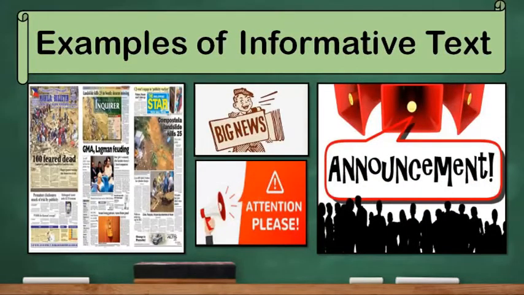Examples of informative text are like this one, a newspaper, where you have the current news, the local news, the global news, and so on. This is to inform us of something that we don't know yet.